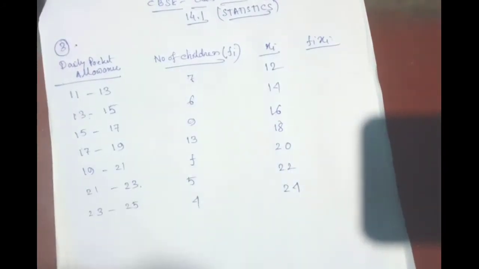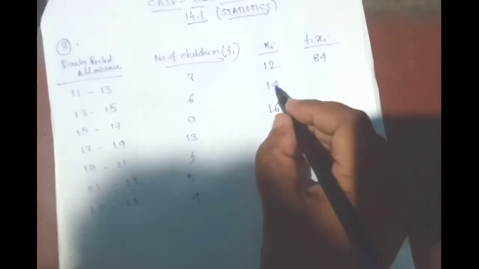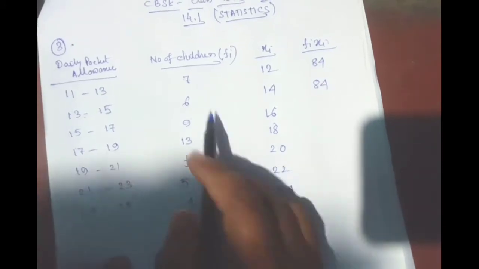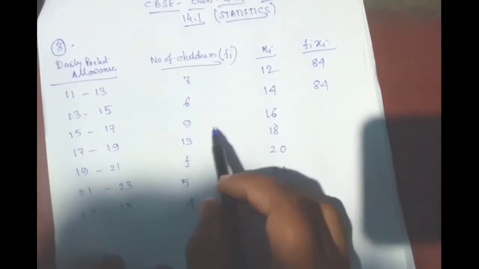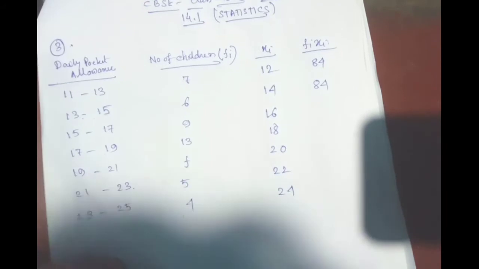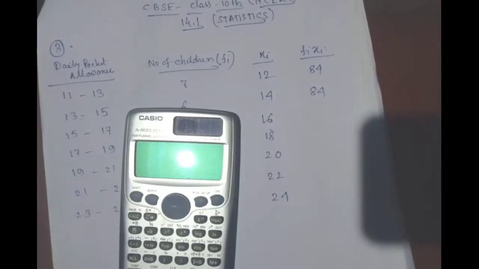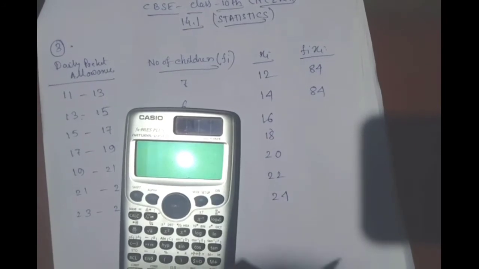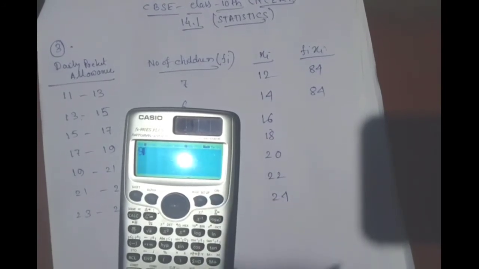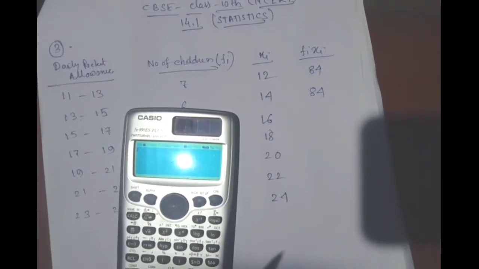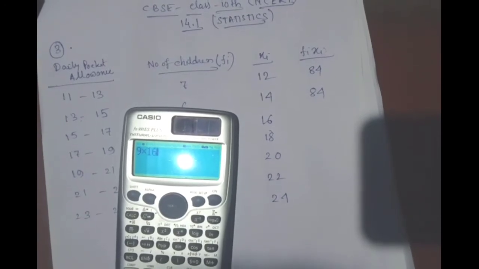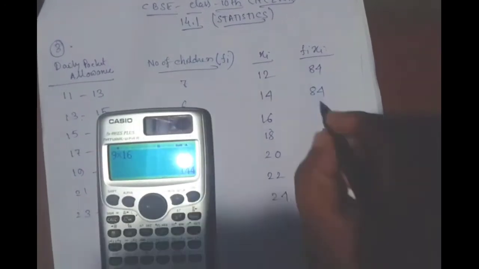Now fi xi: 7 into 12 means 84. 6 into 14 means 84. 9 into 16 means 144.